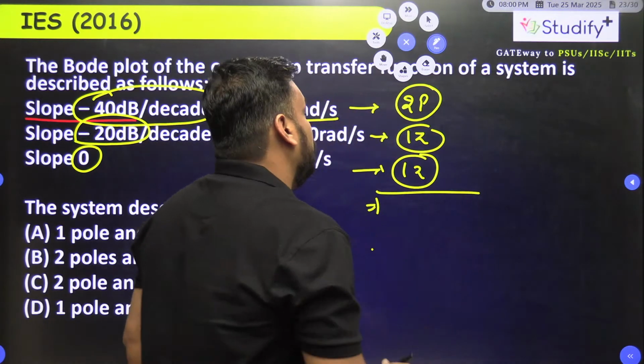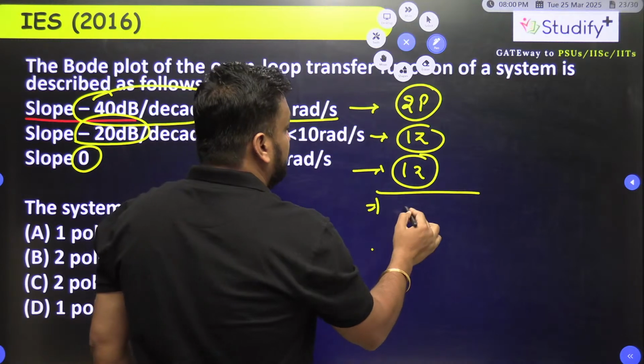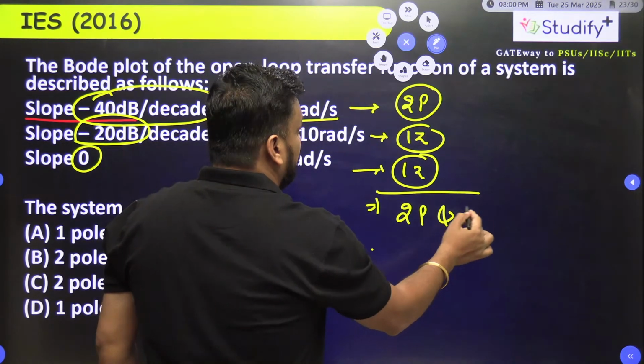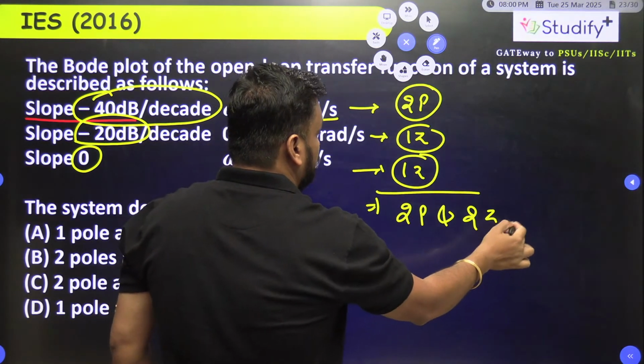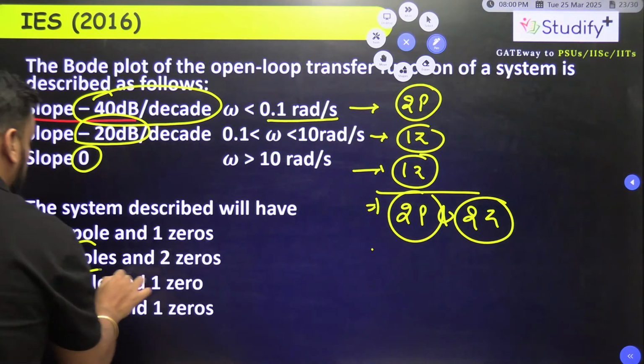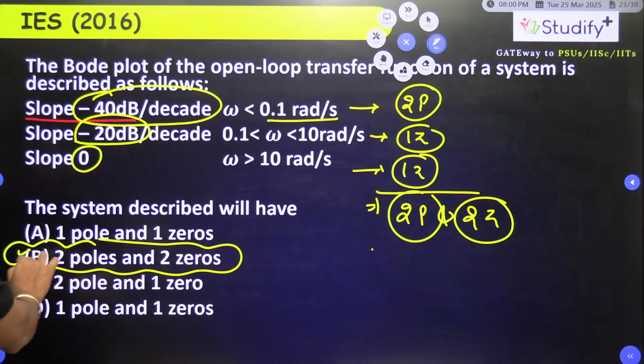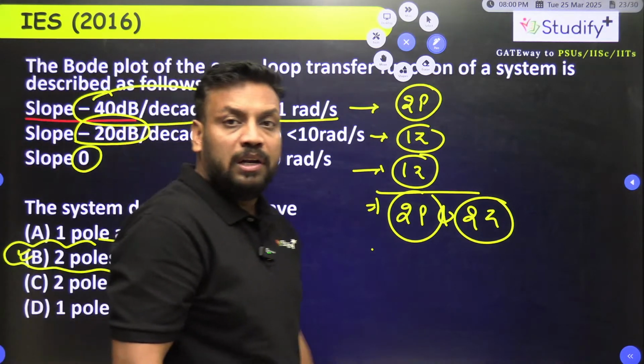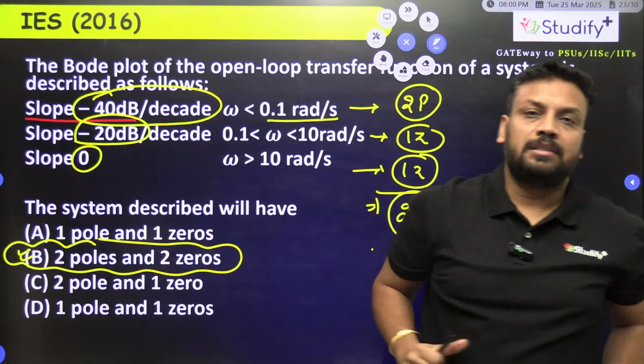How many total poles and zeros? Total we have 2 poles and 1 zero plus 1 zero, so 2 zeros. So 2 poles and 2 zeros indicates option number B for Bombay, the only correct answer, guys. The correct answer is option number B.